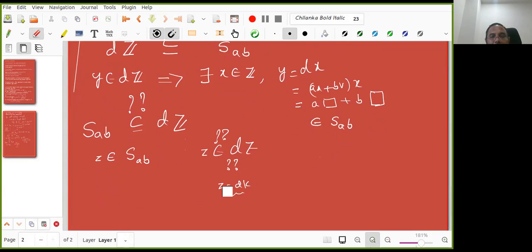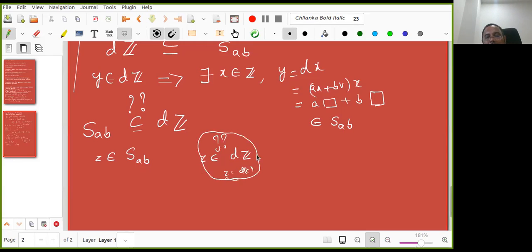So I hope all of you are clear with this. I want to show this is a subset of this. So Z belongs to SAB. Now I want to show Z is in DZ. This is my goal. That means Z is equal to some DK. So am I able to do it or not? That is my final destination.